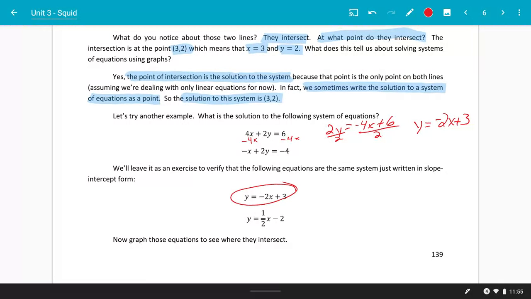Beautiful. Second one, I would add x to both sides. So I'd end up with 2y equals x minus 4. Divide by 2. So y equals 1/2 x minus 2. 4 divided by 2 is 2. And look, there it is as well.